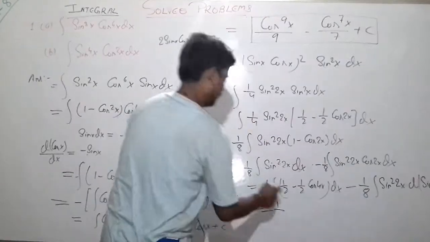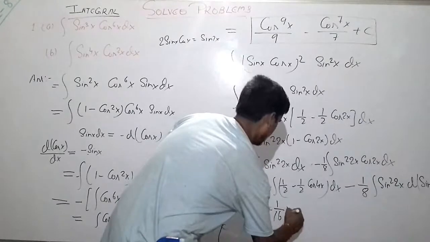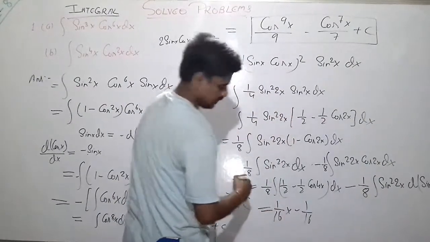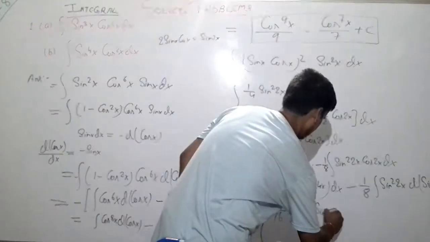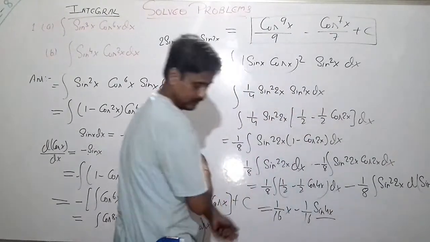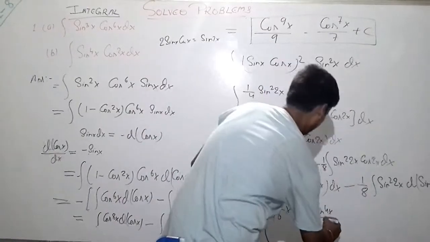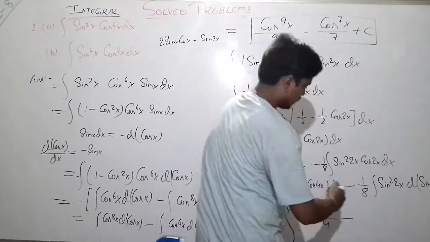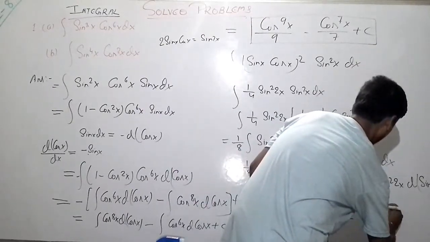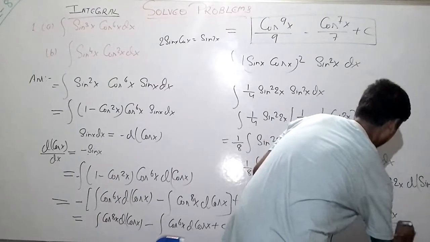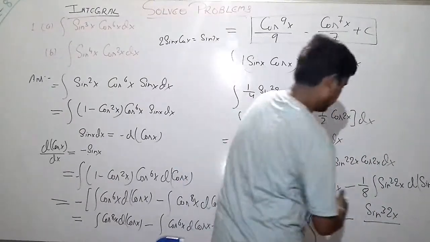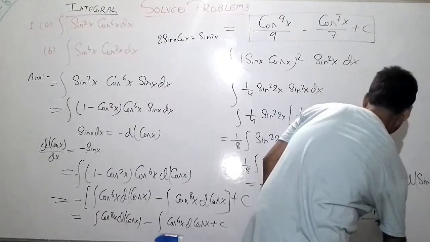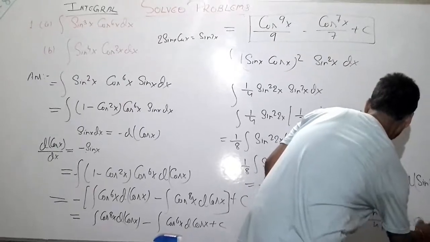And we will get 1 by 16 x minus 1 by 16 sin 4x divided by 4 minus sin cube 2x divided by 24, or you can say 48, plus c.